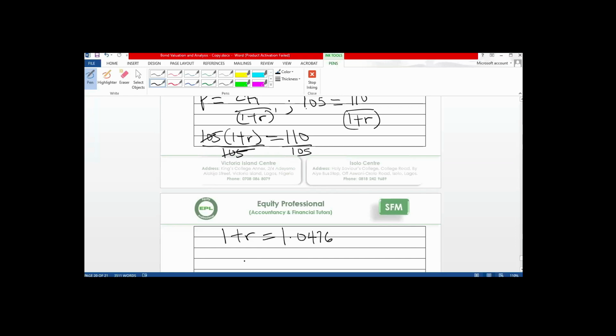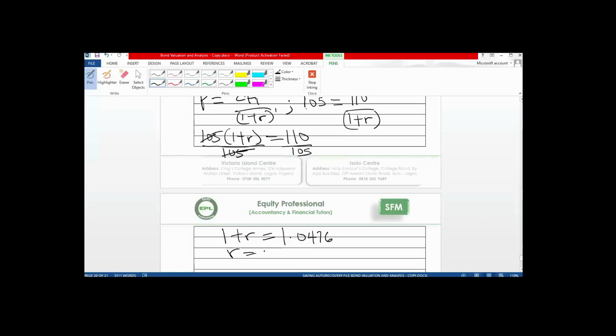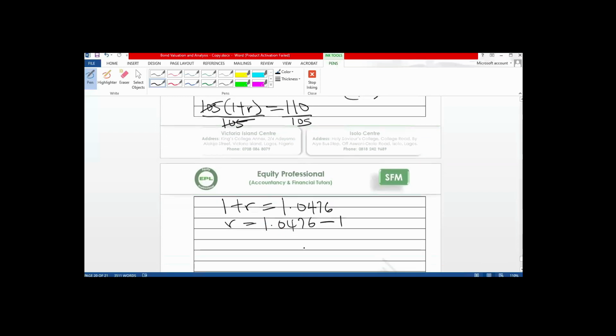What is your R? Make R the subject. R is equal to 1.0476 minus 1, therefore 0.0476.